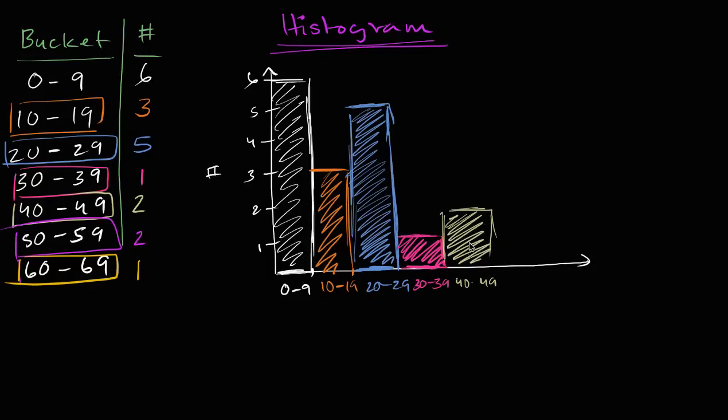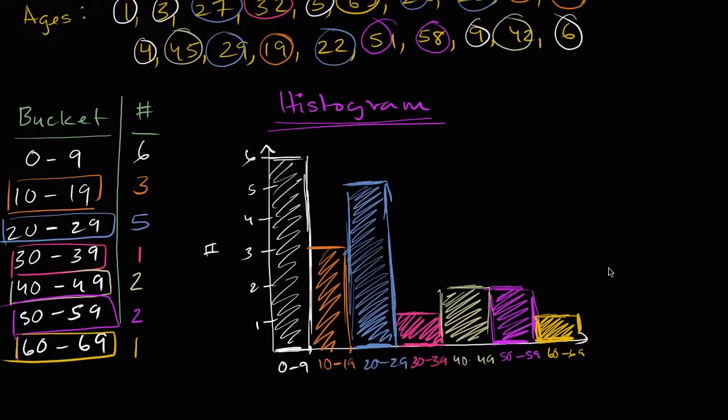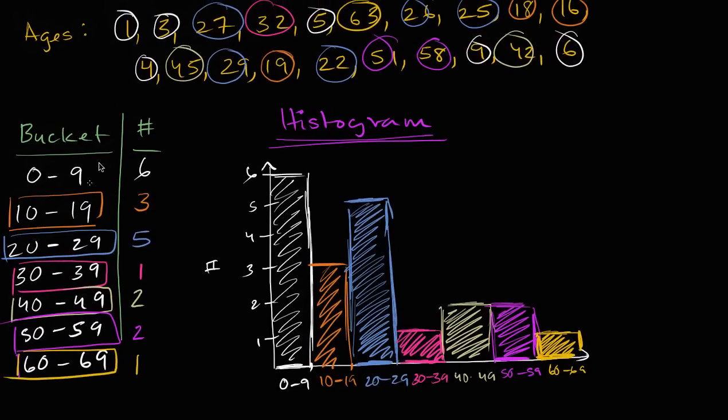Almost there. 50 to 59, we also have 2 people. So that's that right over there. That's this category. And then finally, 60 to 69, we have 1 person.